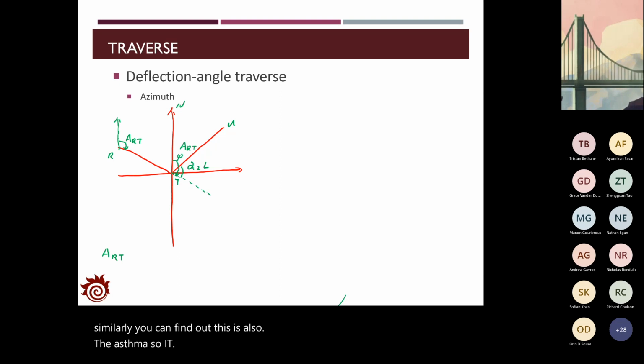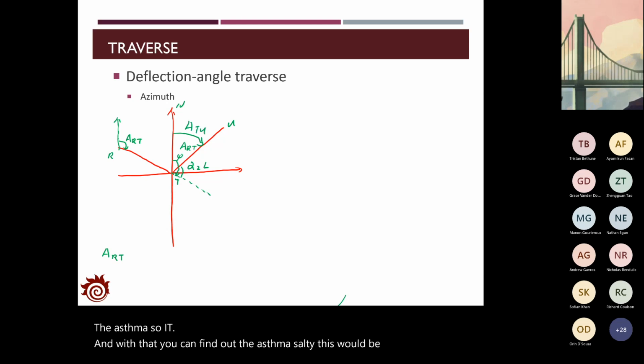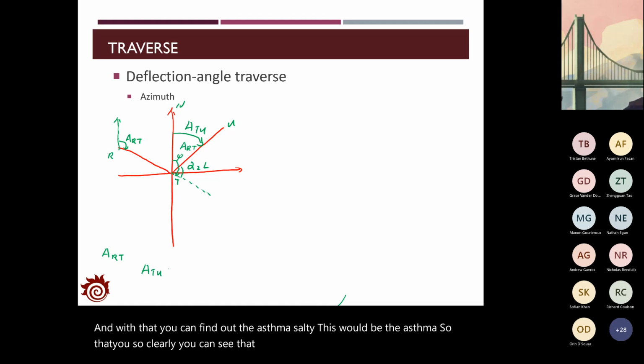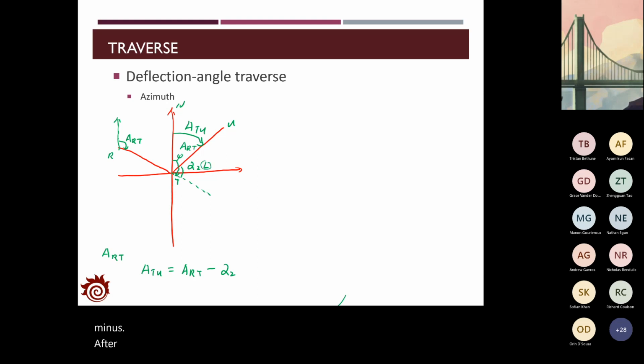And with that, you can find out the azimuth of TU. So clearly, you can see that the azimuth of TU will be the azimuth of RT minus alpha 2. Here, alpha 2 is to the left, so we subtract the value from the angle.